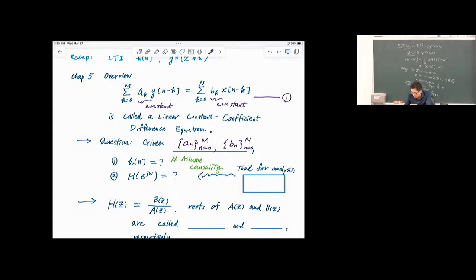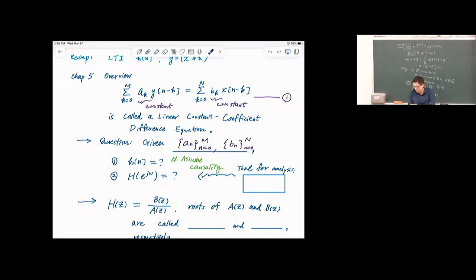The first goal: can we calculate the impulse response given the coefficients? This is like solving a differential equation, 微分方程. The counterpart for continuous time is the differential equation. Given constant coefficients, can we solve for the impulse response in continuous time? So here we have a fairly similar situation.